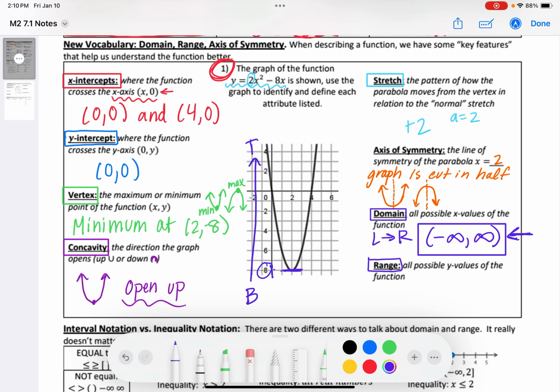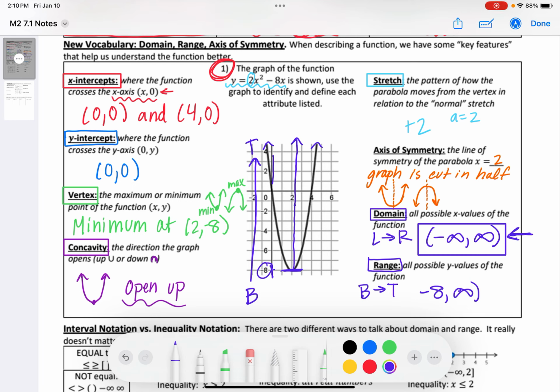So when I write that in interval notation, from bottom to top, it starts at -8. And then when you go up to the top, looking up, it's going on and on and on forever toward all of your positive y values. So that's going toward positive infinity. But then here's the catch.